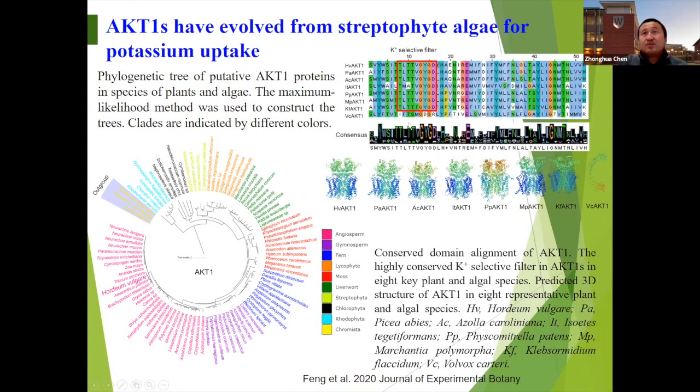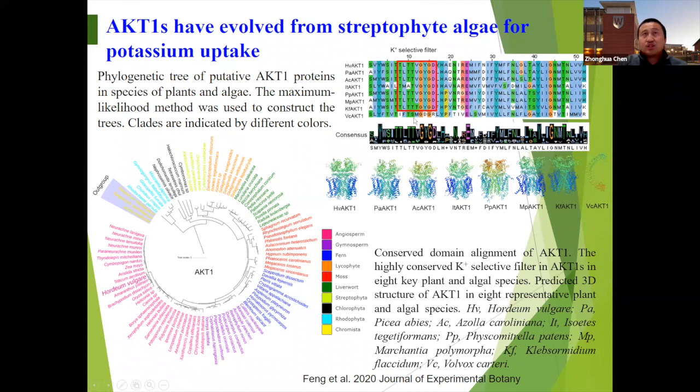Protein sequence alignment and structural analysis show that it's highly likely, especially the K-selective filter, the very conserved GYGD residues. You can clearly see it in barley, in pine tree, in fern, and also in the streptophyte algae.